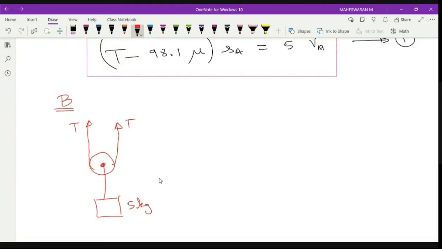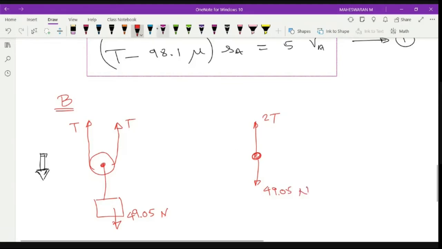The weight is 5 into 9.81 because I need it in Newton, which gives 49.05 Newton. So you have 2T in the upward direction and 49.05 in the downward direction.